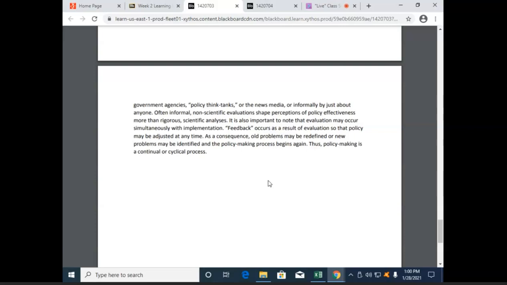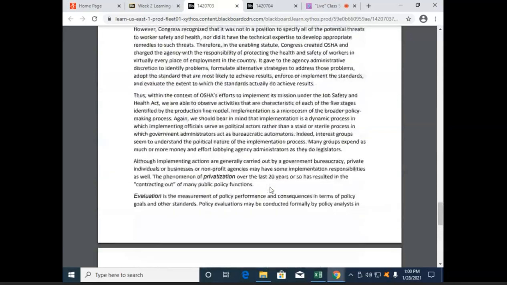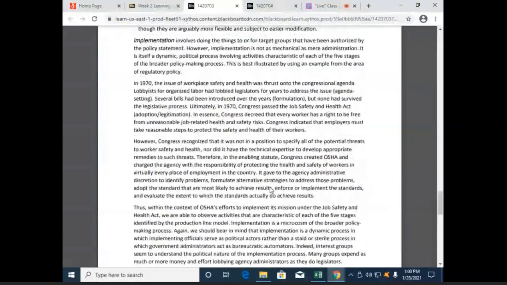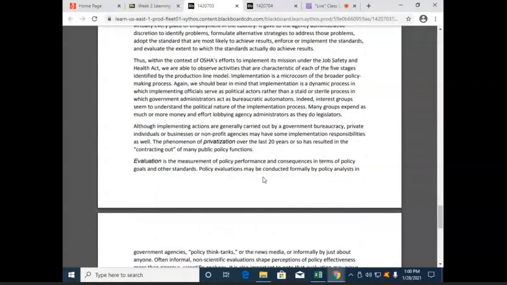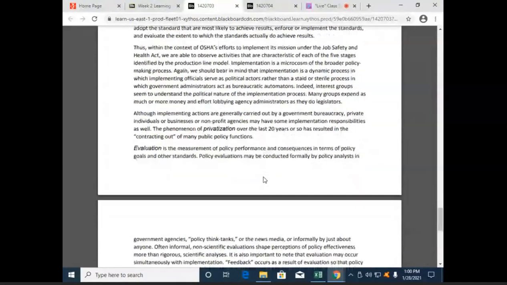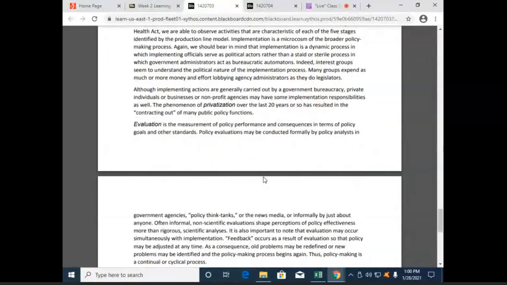So the concept we're talking about in the policymaking process, in this production line model, is called evaluation: the measurement of policy performance and consequences in terms of policy goals and other standards. And you can have just about anybody involved in policy evaluation.